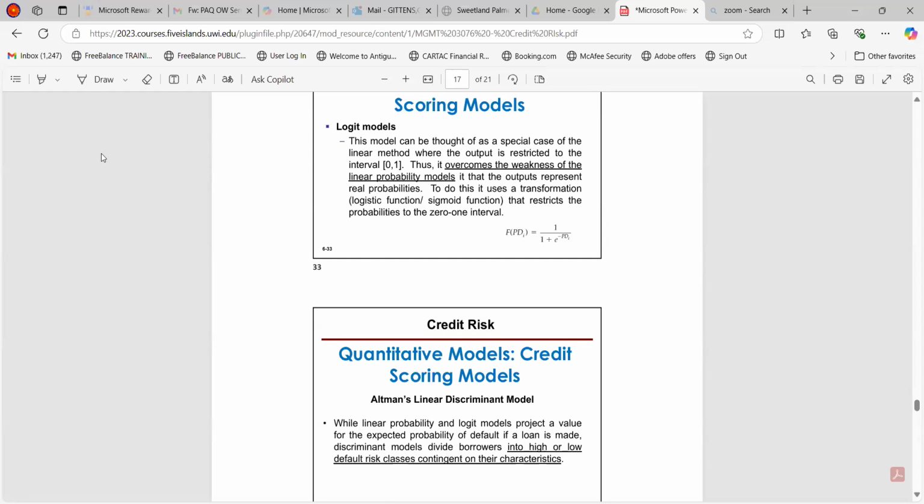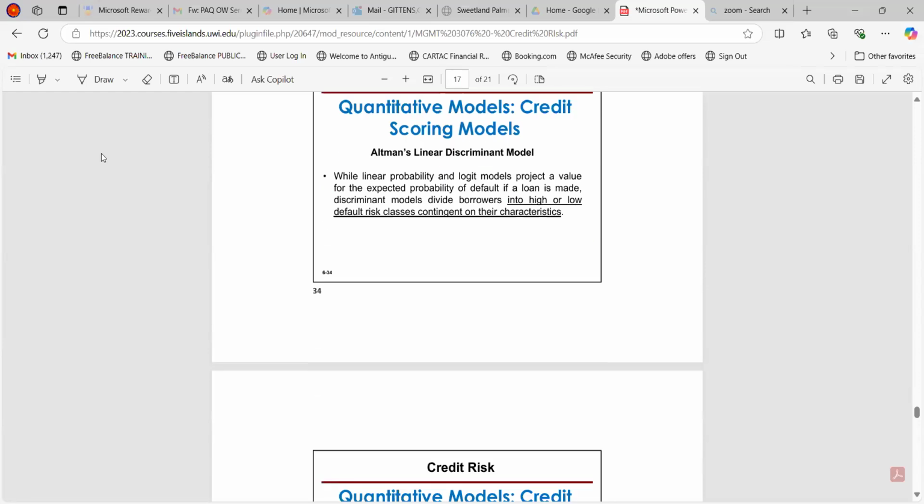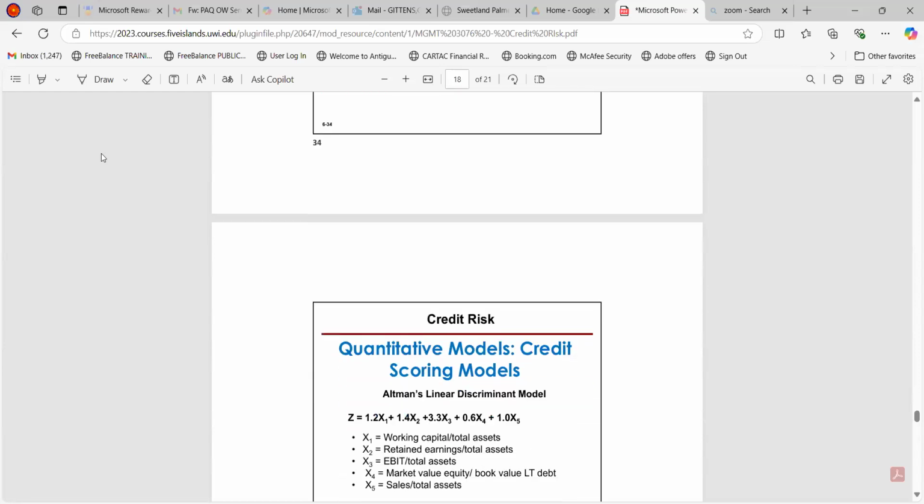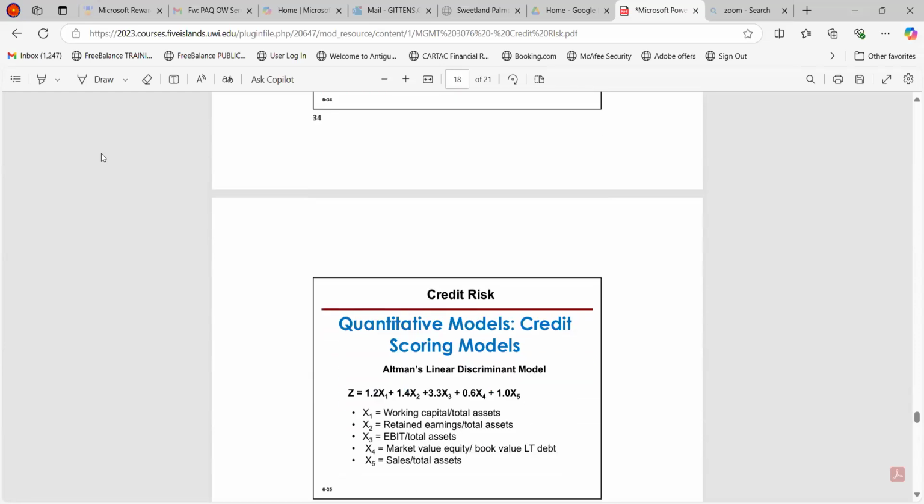Now you have another type of model. You have Altman's linear discriminant model. With that model, it gives a z-score. Again, that's a statistical model that combines working capital over total assets, retained earnings over total assets, earnings before interest and taxes over total assets, market equity over book value of long-term debt, and sales over total assets.